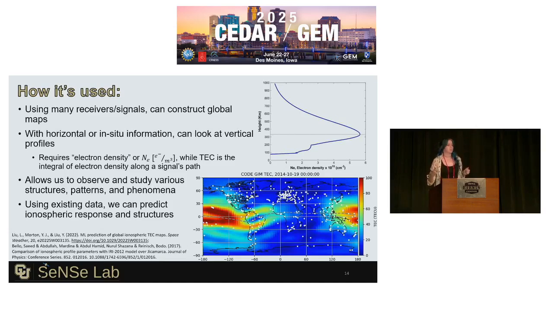If we have that information, we can also construct vertical profiles like I have in the top right to see how the number of electrons is changing with altitude. Using maps like this, we can study various structures and phenomena and where they are occurring to hopefully predict ionospheric response to space weather events in the future.